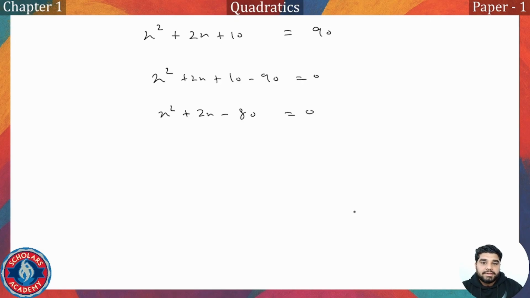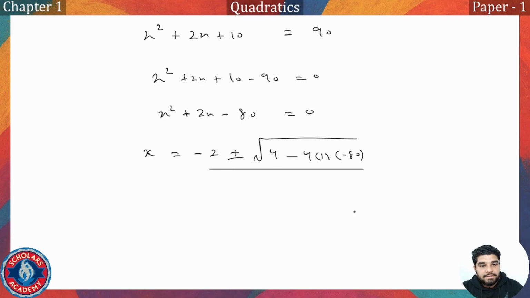So we get this, and we can simplify it. We can find the zeros of this quadratic equation, that is x is equal to minus b plus minus root of b square, that is 4, minus 4ac, where a is 1 and c is minus 80, divided by 2a, that is 2.